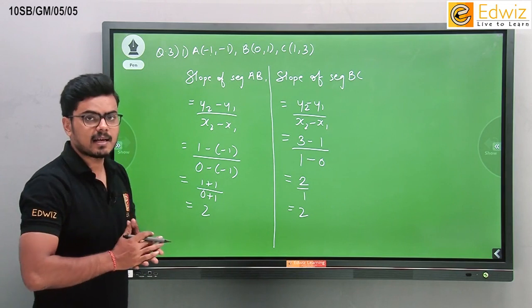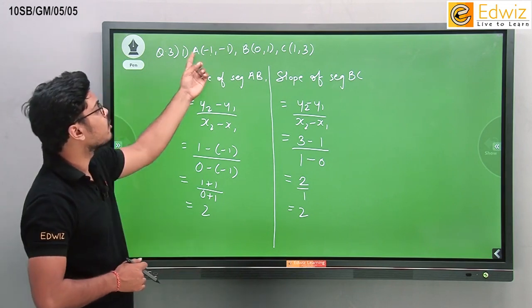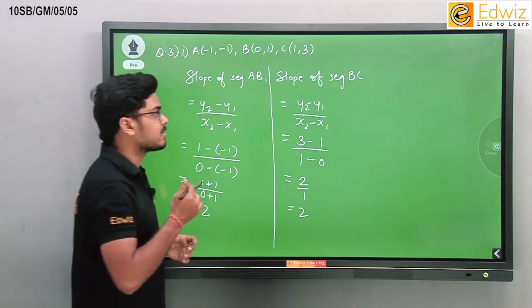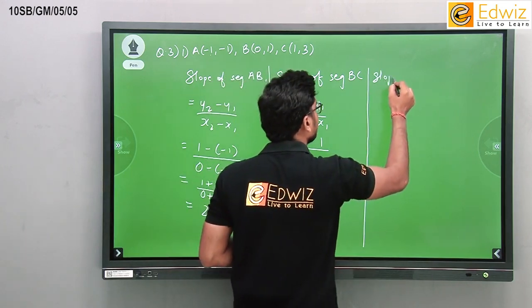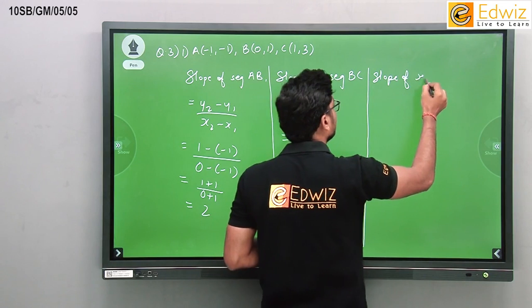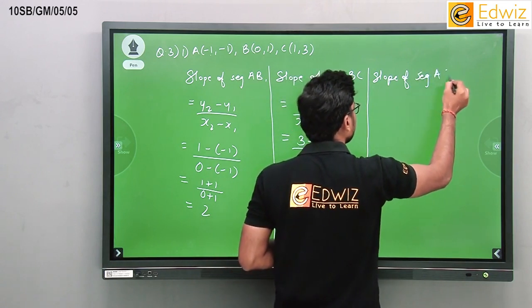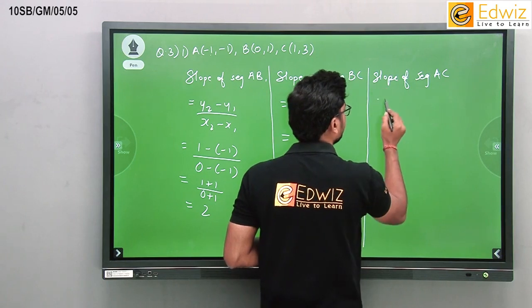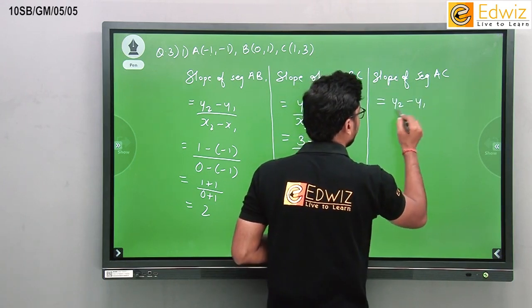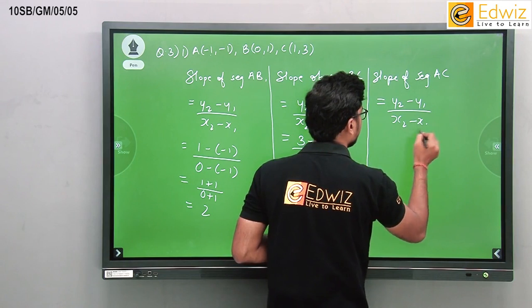We can double check the answer once again by finding out the slope of A and C. Let us do that also. So the slope of segment AC will be equal to, you use the same formula, y2 minus y1 upon x2 minus x1.